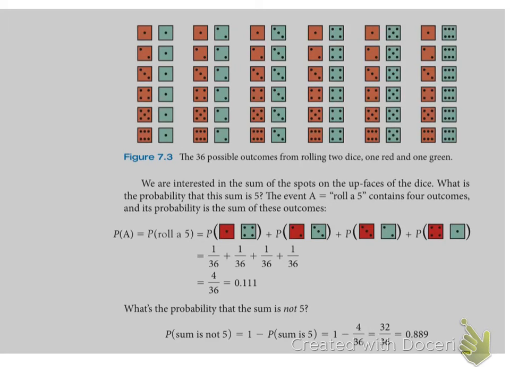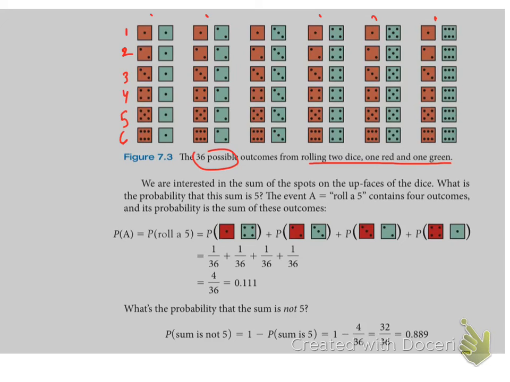When I count, that goes 1 2 3 4 5 6, and the same way 6, so 6 times 6 is 36, total 36 possible outcomes when we roll two dice, one red and one green.